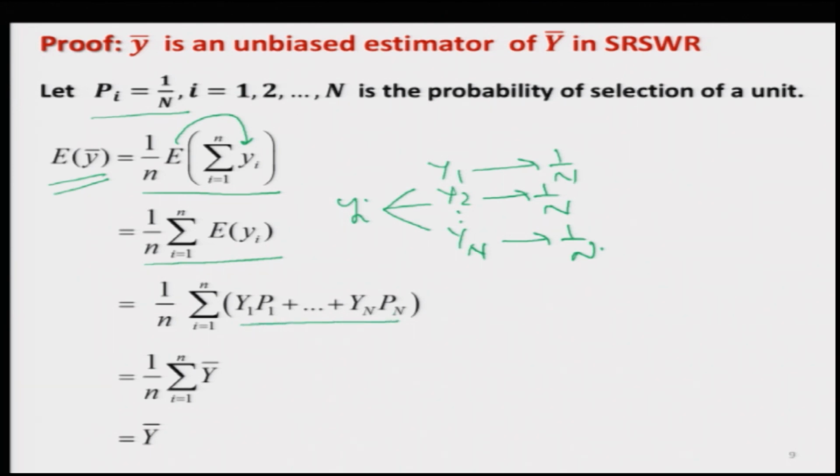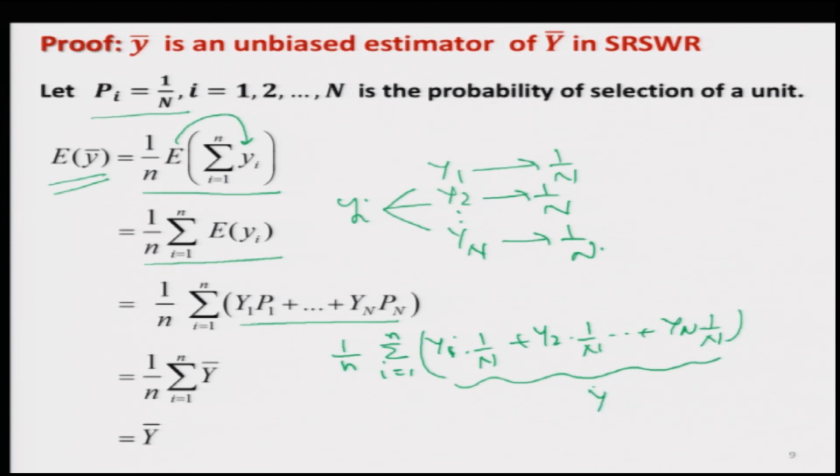Now these Pi are equal to 1 upon N. So this becomes Y1 into 1 upon N plus Y2 into 1 upon N up to YN into 1 upon N, and this quantity is nothing but your capital Y bar.